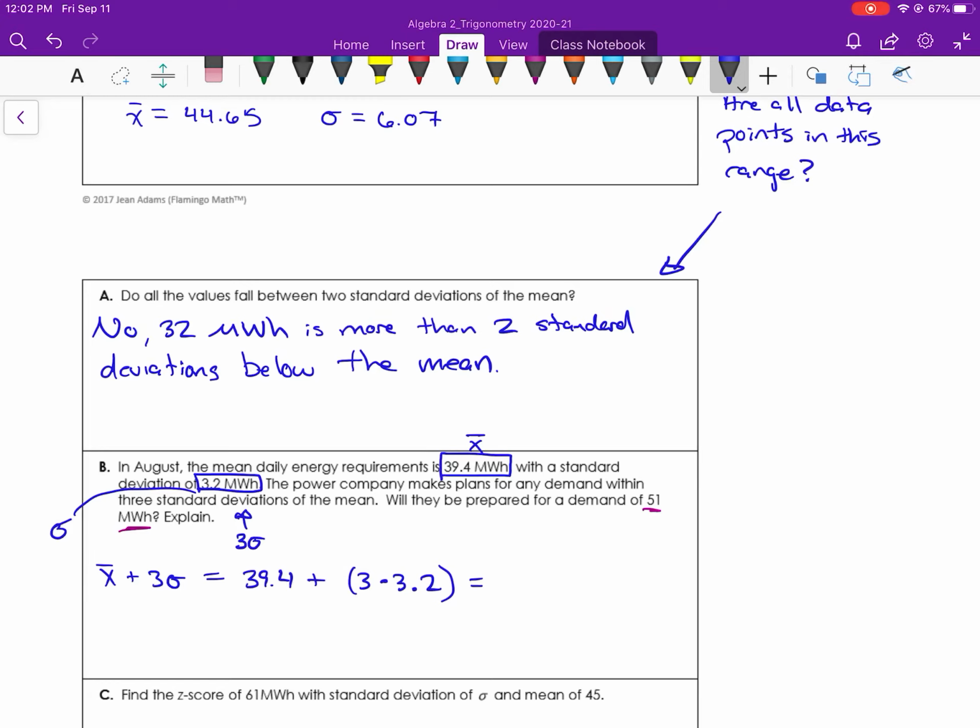And this is going to give me 49 megawatt hours. So the answer for this is no. 51 is an outlier.